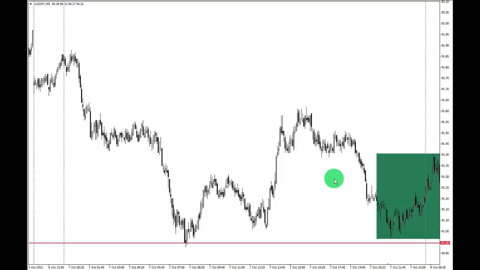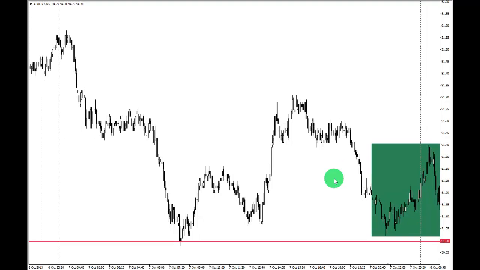But price starts to trade off and comes back down into the original consolidation. This is where we would anticipate in the sell profile to rally up and redistribute and go lower to clear the initial consolidation. But because we are in a larger buy profile, this sell profile on a smaller time frame, so it's a fractal within a larger fractal.